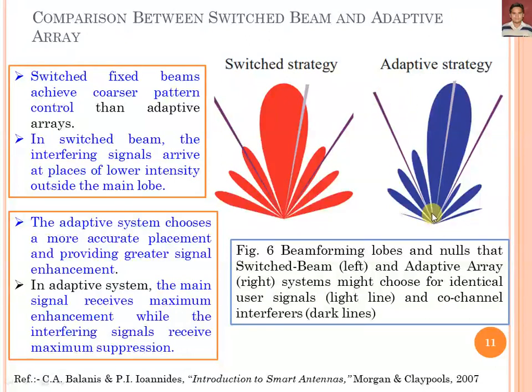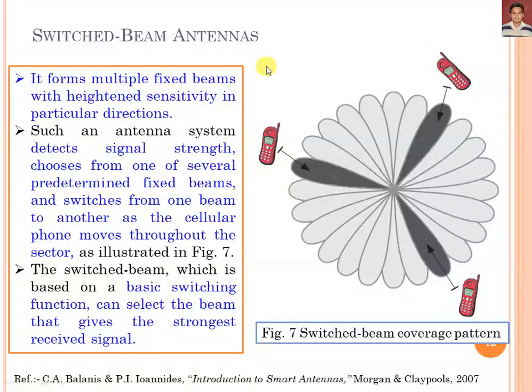You can see these are the interfering signals, having the null, and this is the main lobe in the case of adaptive. So from the comparison between switched beam and adaptive array, you can see that the adaptive strategy is more helpful and more popular, and can be used in mobile communication or cellular communication.